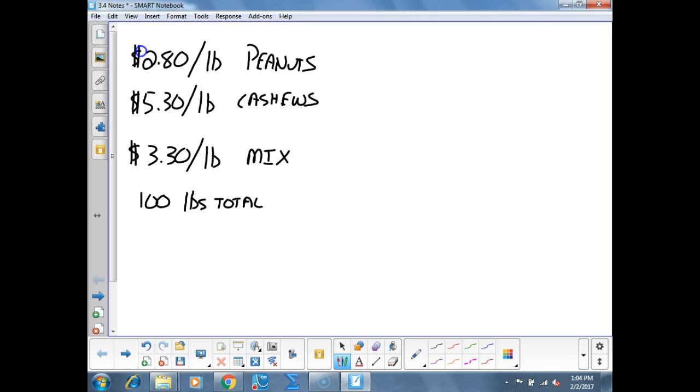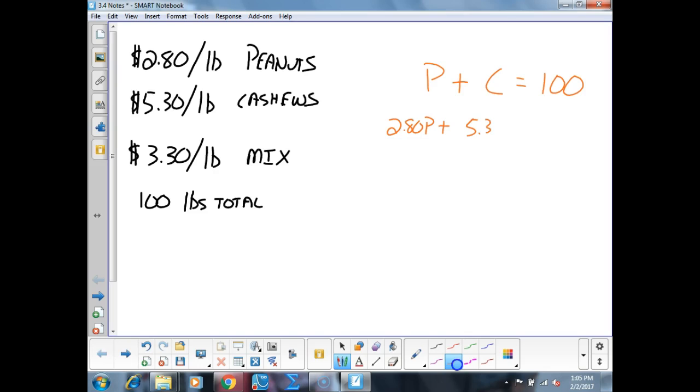However many peanuts I put in, plus however many cashews I put in, is going to give me 100 pounds in my mix. Right? For every pound of peanuts, that costs me $2.80, and for every pound of cashews, $5.30. All told, I'm selling the mix at $3.30 per pound, and I've got 100 pounds of it.